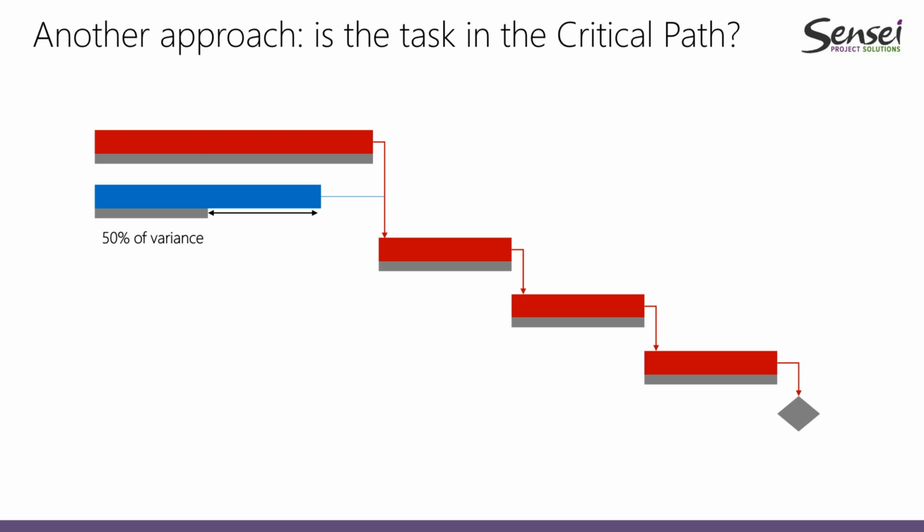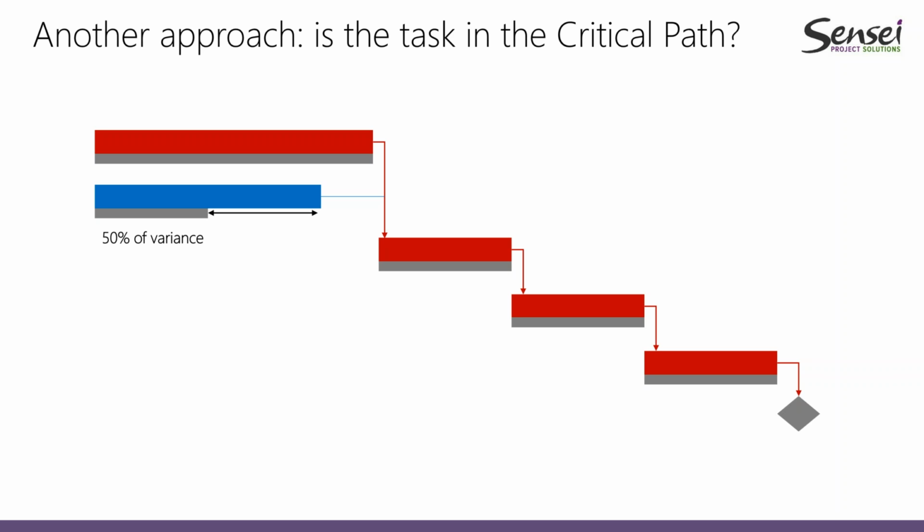In this particular case, as we can see in this drawing that I made here, it's not the case. The reason is that this is not a critical task. If this task is not in the critical path, it has a margin, or a slack, in which it can slip a little bit without moving the finishing date of the project.